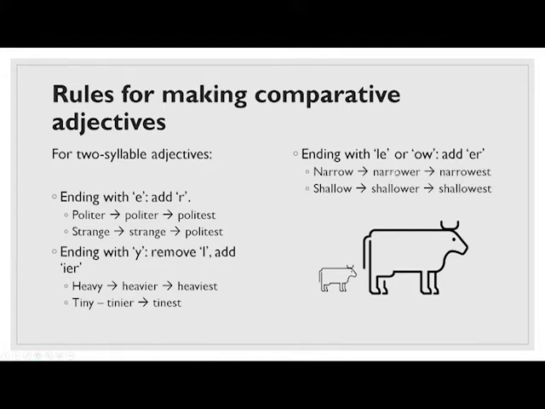And what about something that ends with le? For example, able, which is spelled a-b-l-e, can also be added er at the end. Only actually r, because there is already an e at the end. So we change it to the comparative adjective by adding r, abler, and we add st at the end to make it the superlative form, ablest.